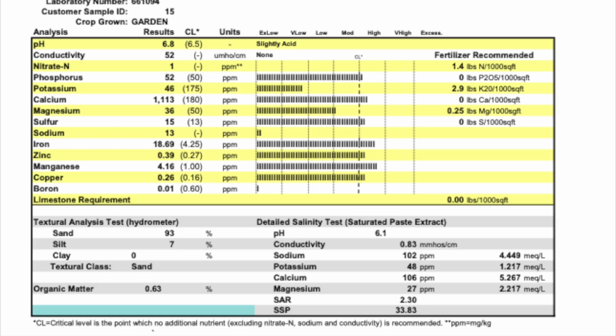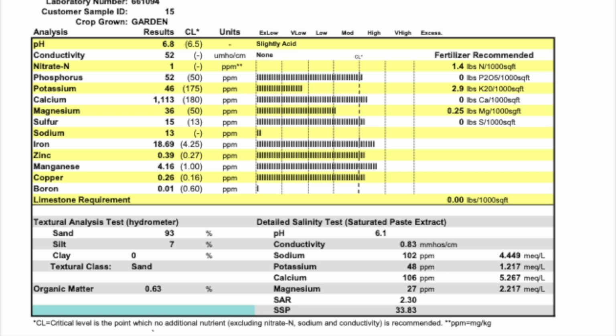So then you go to the salinity test and so forth. And this is where he's got potassium at 48 parts per million.